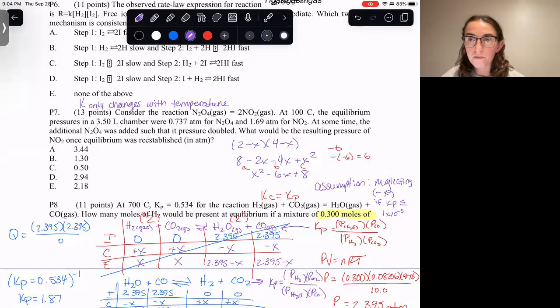So what we need to do first is find what this K value is. We're not given a K value, but we can find it because we're given these two pressures in our question.